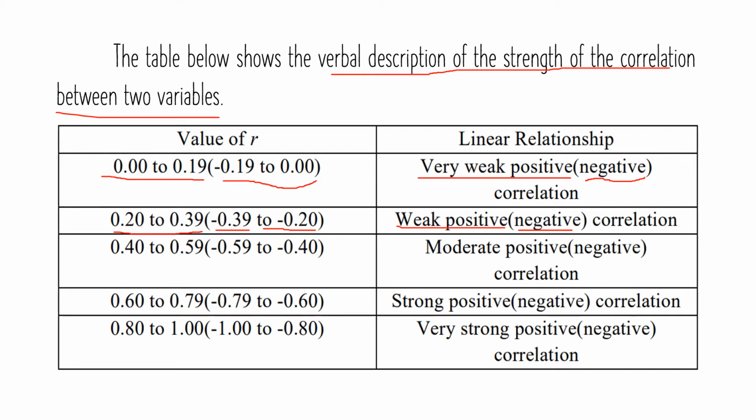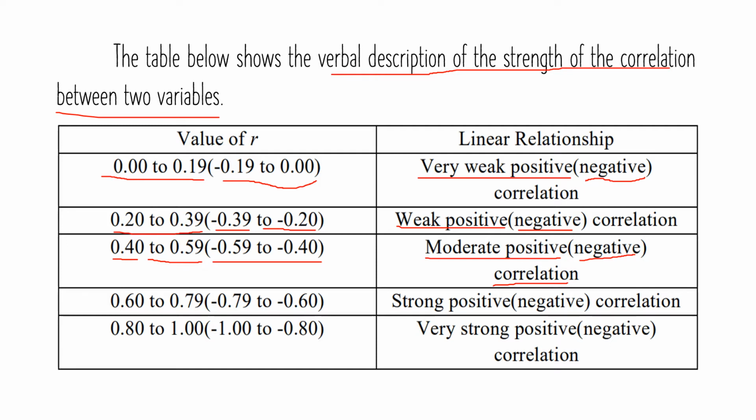For the third range, we simply use 0.40 to 0.59, that will be a moderate positive correlation. And from -0.59 to -0.40, that will be a moderate negative correlation. We just simply replace the positive here in the description.